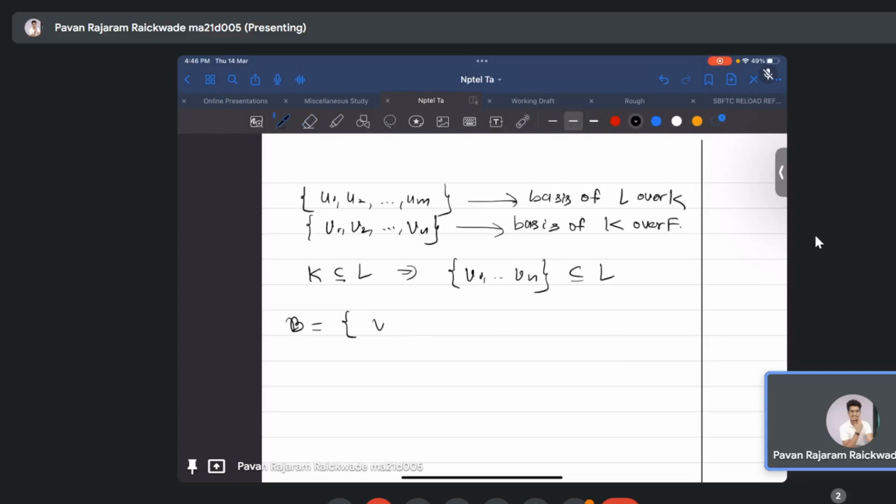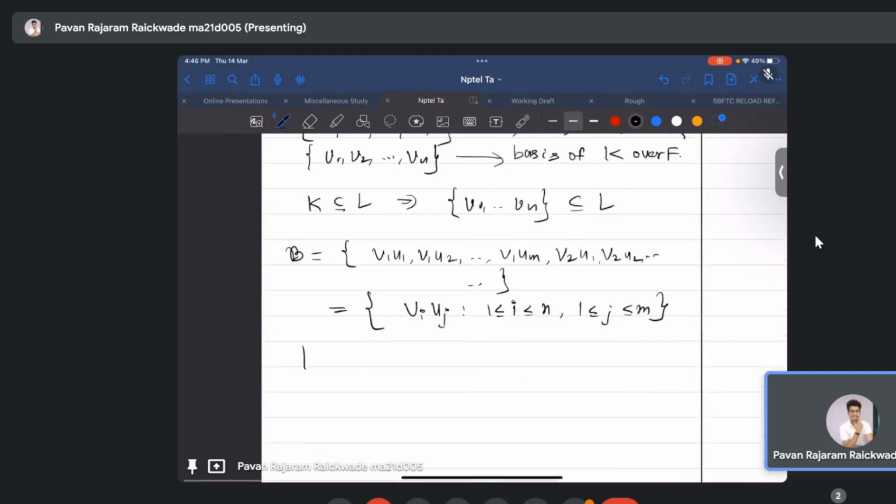For example V1 U1, V1 U2 will go until V1 Um, then V2 U1, V2 U2 similarly. Okay, I'll proceed. So if I want to write this, it is Vi Uj, where i will run from 1 through n and j will run from 1 through m, right?